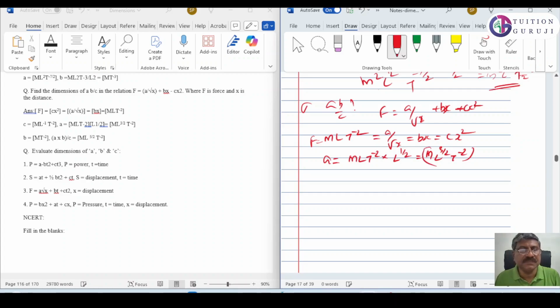Now B is equal to m L T to the power minus 2 divided by L, which is equal to m T to the power minus 2. Then C is equal to m L T to the power minus 2 by L square, which is equal to m to the power minus 1 T to the power minus 2.